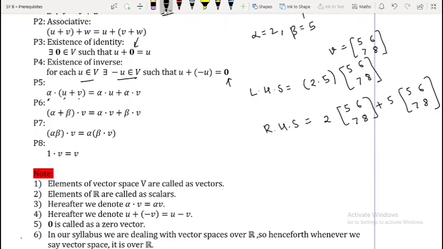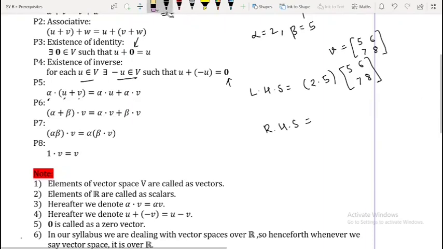And what about our right hand side? Our right hand side will be alpha, that is 2, inside the bracket, beta is 5, and our matrix is 5, 6, 7, 8. So you do the calculation, again you will find that LHS is equal to RHS.